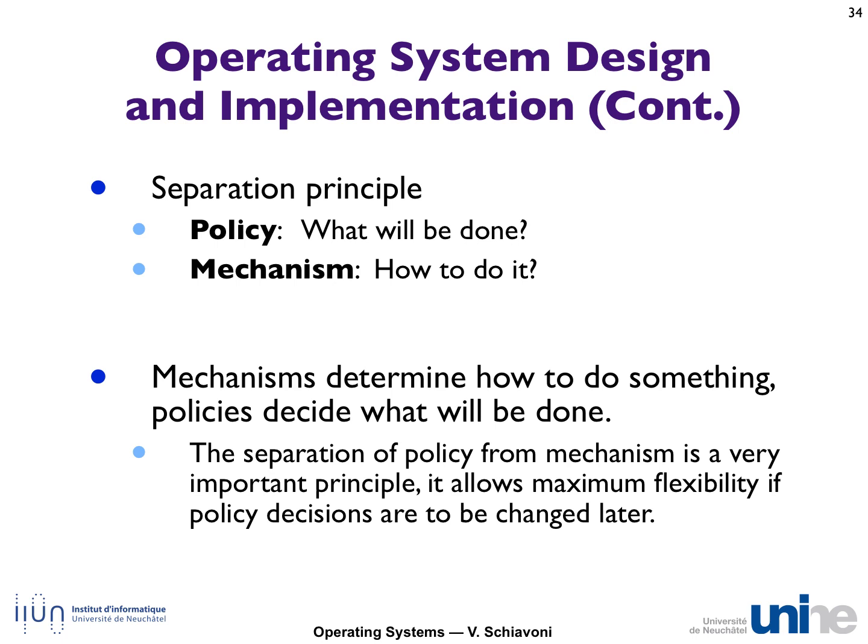The mechanisms basically determine how to do something, and the policies decide what will be done. This separation is actually a quite important principle and allows as much flexibility as you can get when taking decisions that can then be changed at some point in the future.